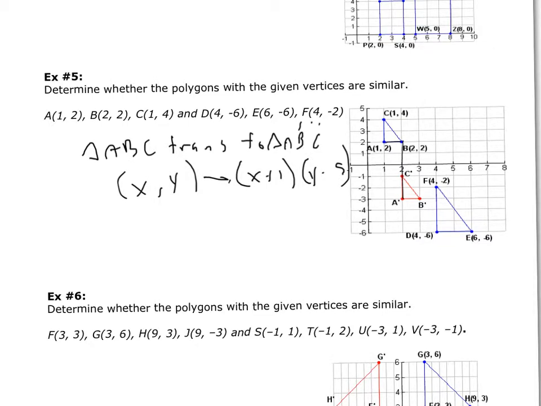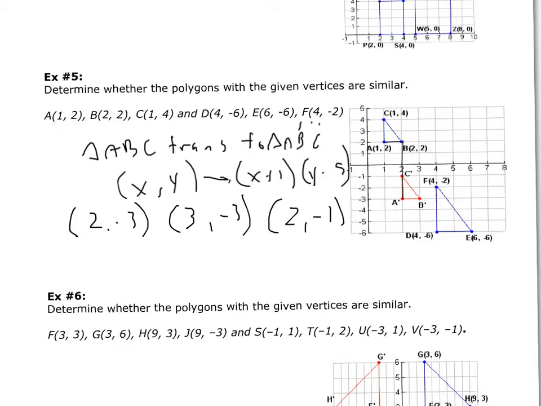All right, so to compare ABC prime to DEF, we need to go ahead and get the ordered pairs for ABC prime. So for A prime, you have the ordered pair 2, -3. For B prime, you have 3, -3. And for C prime, you have 2, -1.